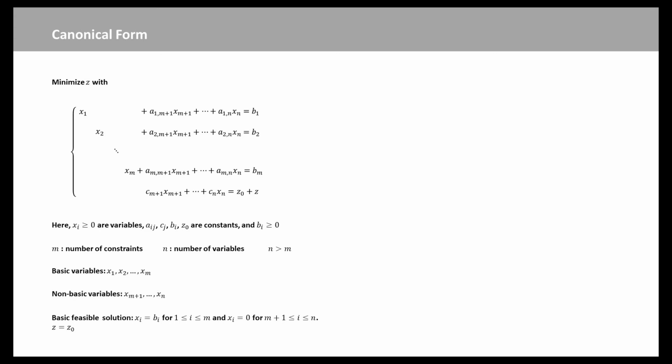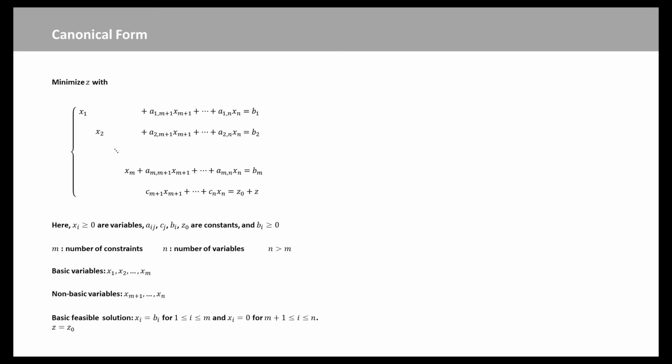The second part is the objective function. You see the objective function, which is z here, is expressed in terms of xm plus 1 to xn. So, a linear combination of the non-basic variables and z0, which is just a constant. The third part is that the basic solution should be feasible, which basically requires all the b's here on the right-hand side to be non-negative.